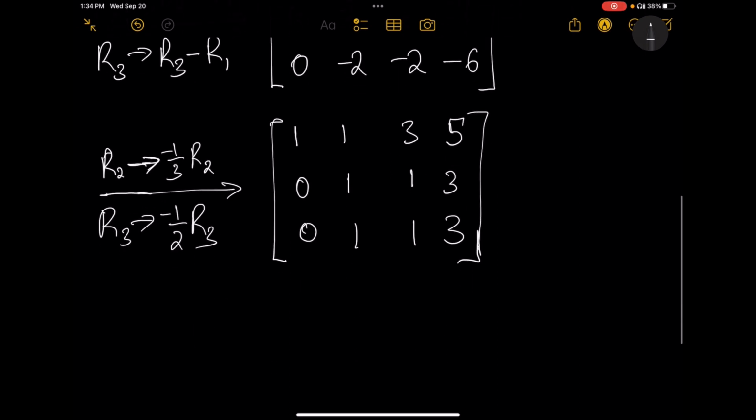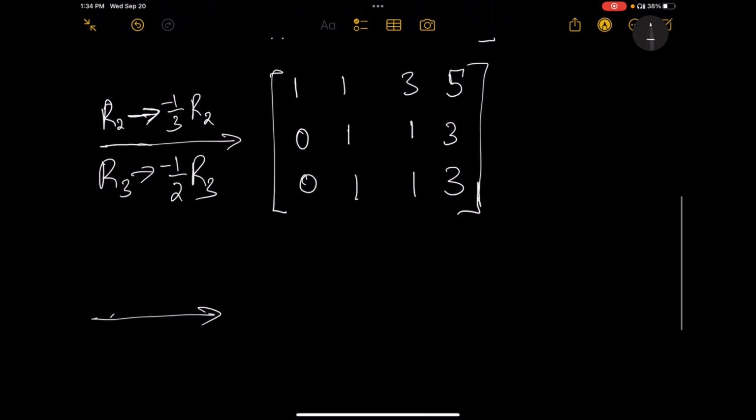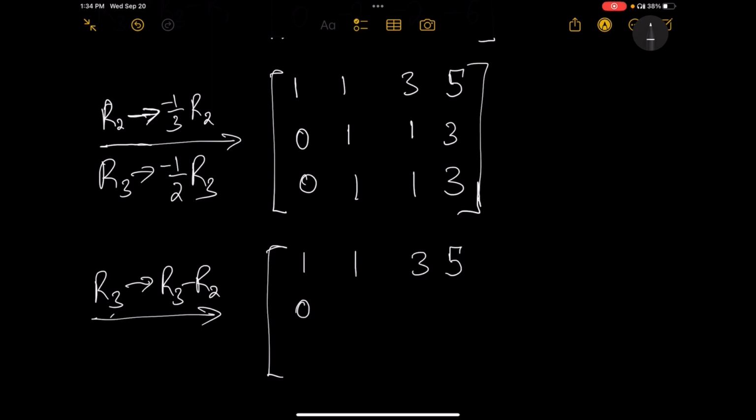Now what do we do next? Row 3 goes to row 3 minus row 2. Row 1 stays the same, row 2 stays the same, row 1 is 1 1 3 5, and row 3 becomes row 3 minus row 2, that means 0 0 0 0.